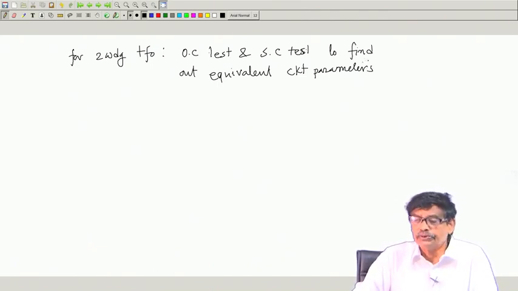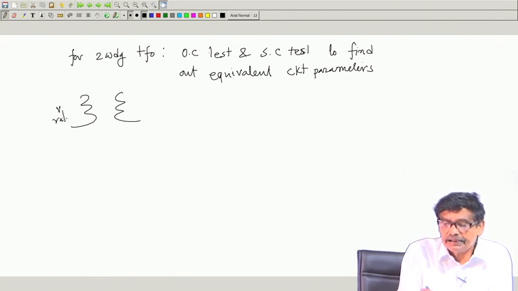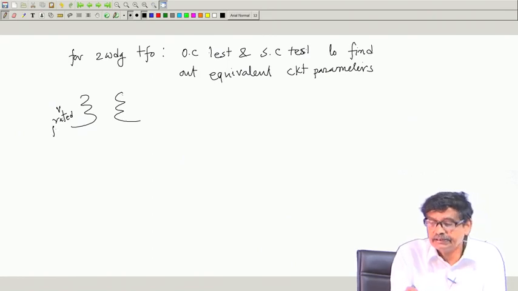And I told you during open circuit test, you recall you apply rated voltage V 1 rated at rated frequency, secondary is open.